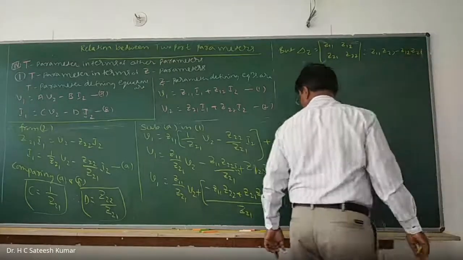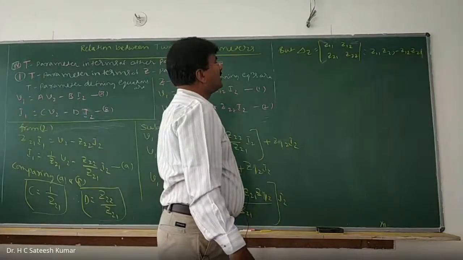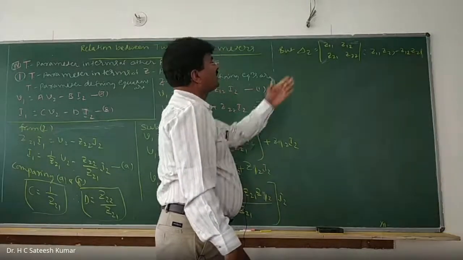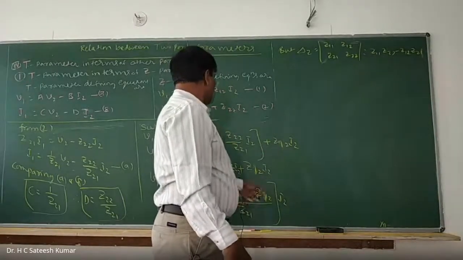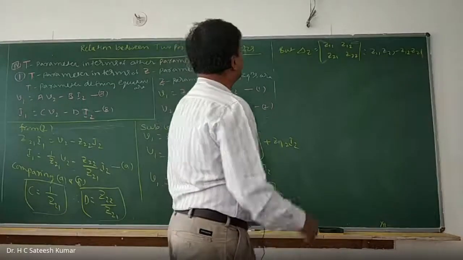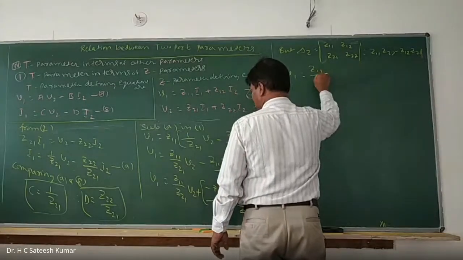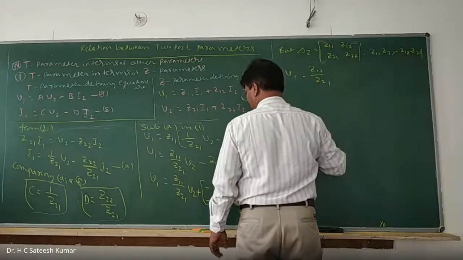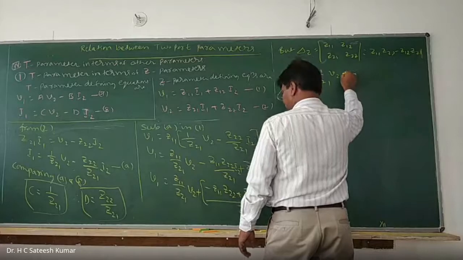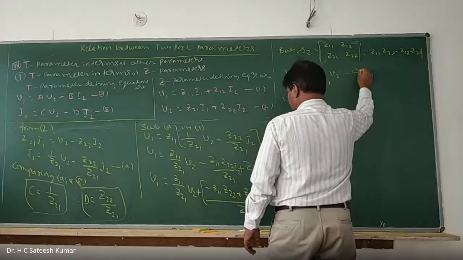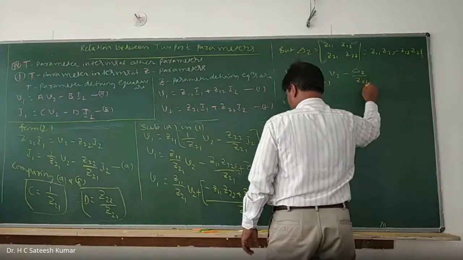Now, we have minus Z11, so actually we need plus Z11. Therefore, taking the minus sign outside, it will become Z11 Z22 minus Z21 Z12, you will get it. Therefore, V1 is equal to Z11 divided by Z21 into V2 minus delta Z divided by Z21 into I2.